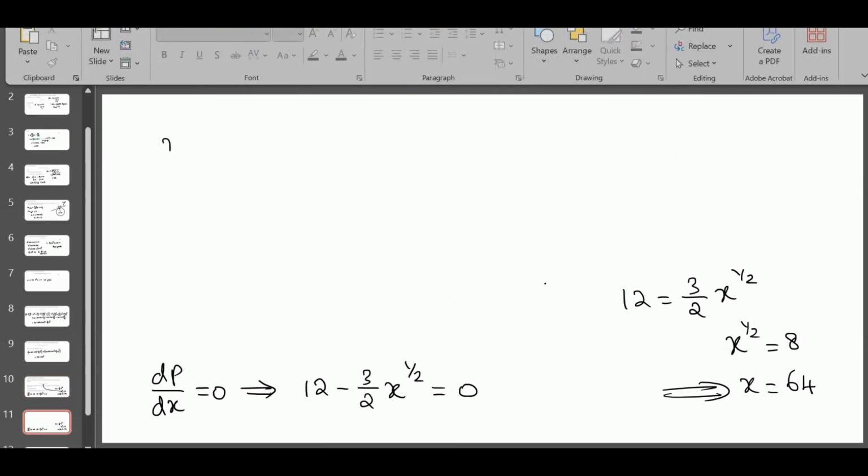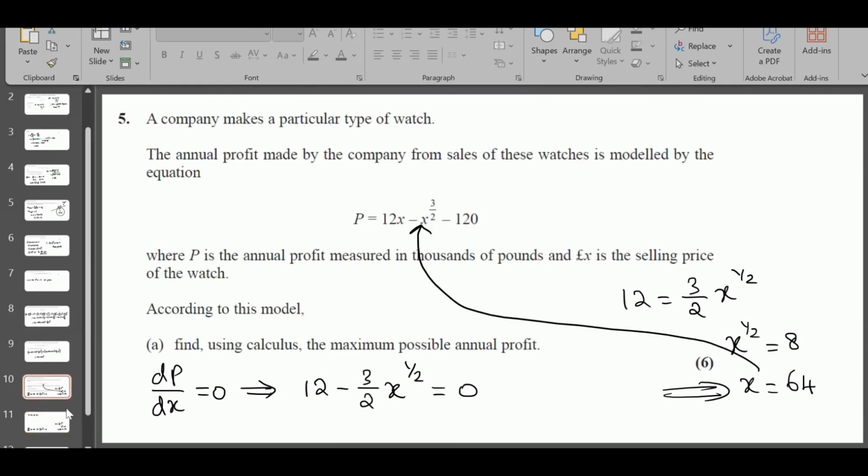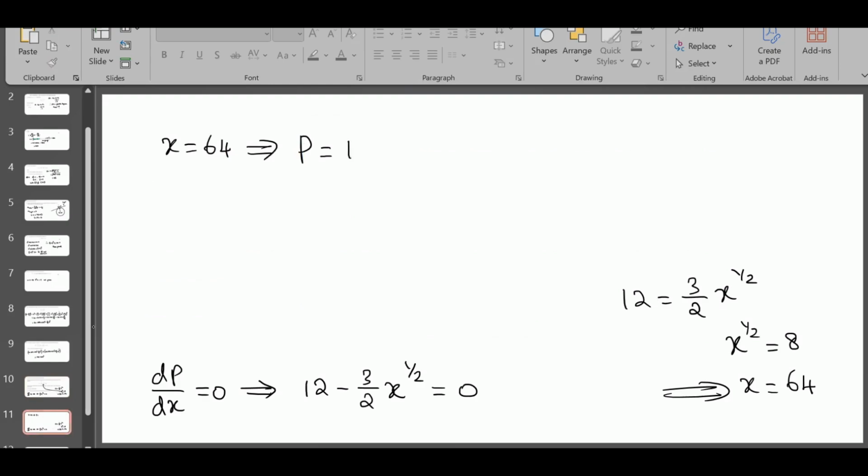So when x is equal to 64, P is equal to 12x minus x power 3 over 2 minus 120.